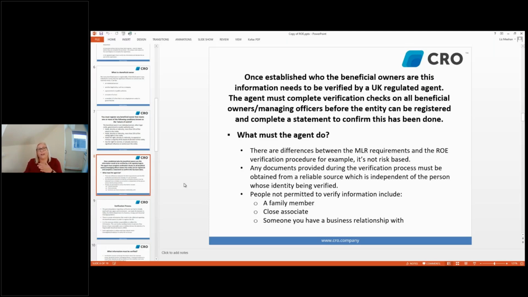Again, the verification needs to take place and be independent from the overseas entity. And that can cause some problems as well, especially when they're looking at documents being certified. It needs to be an independent person that doesn't have a relationship with that person.